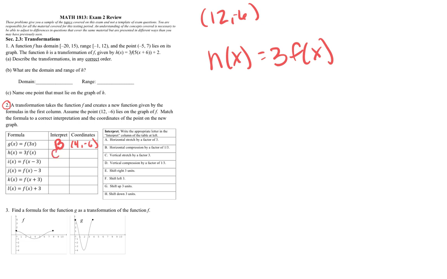And remember that when we have something on the outside and we need to change a point, we only deal with our range. So we have (12, 6), and we do our transformation just to our range, just to our y value. So we have 3 times 6, which is going to give us 18. So that new point is going to be (12, 18). Put that over here.